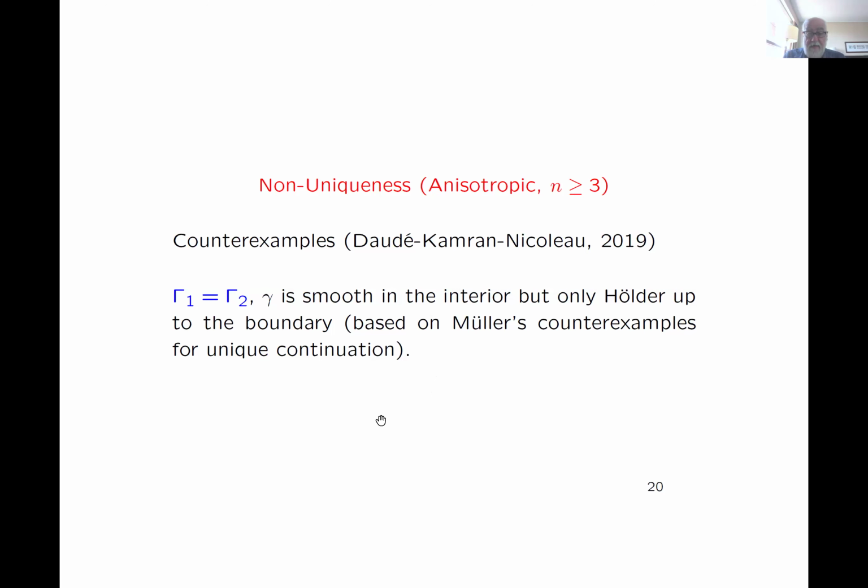So in dimension 3 or higher, there are counterexamples if the conductivity or the metric is only C alpha up to the boundary, though it can be smooth in the interior. In dimension 2, there is no such counterexample. Unique continuation from the boundary is true for any, even L infinity, conductivity or metric. So this is a connection with unique continuation, which is interesting.